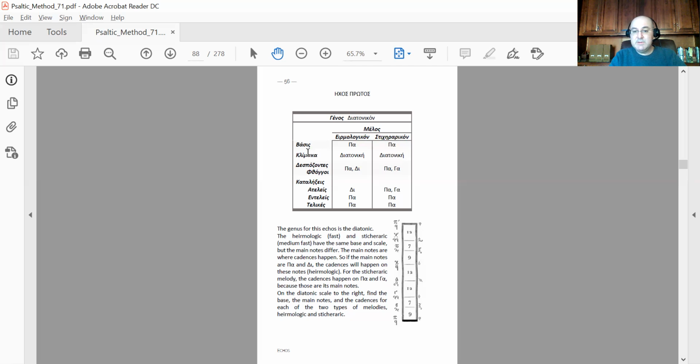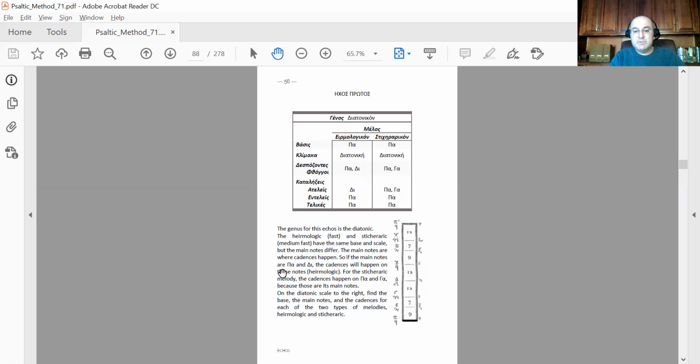The base is pa for ειρμολογικόν, also pa for στιχηραρικόν. The scale is diatonic for both. For the main notes, we have pa and di for ειρμολογικόν, but pa and ga for στιχηραρικόν.